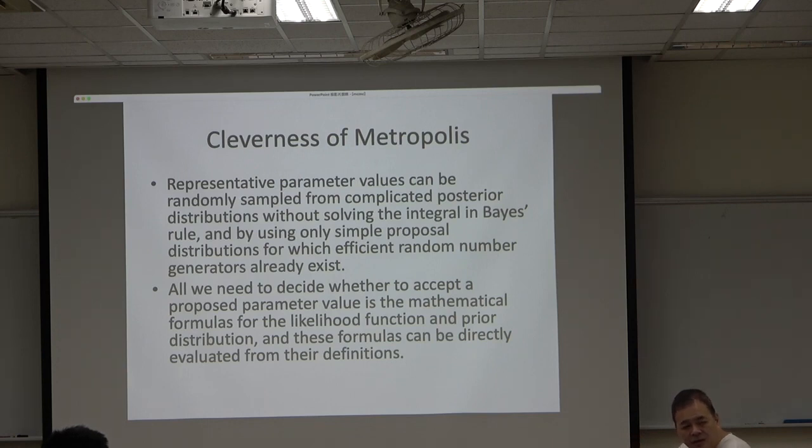If that place has a higher p theta value, it's more likely we accept that proposal. So it means that we are going to naturally stay at the places where the probability mass is larger, in those areas.